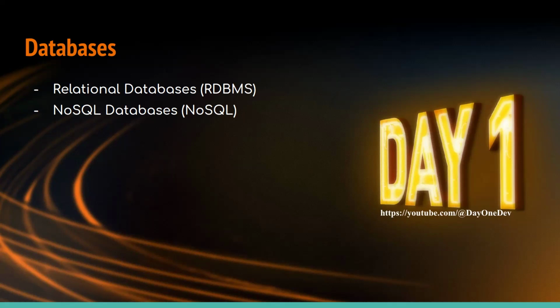This is more flexible in database design, so it's much easier to manage. You might also have heard of DynamoDB, which is an AWS product, and something similar from Azure called CosmosDB.